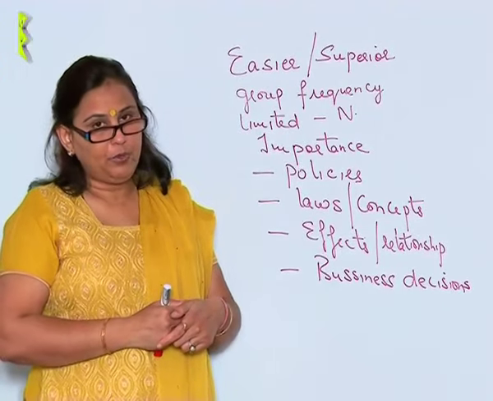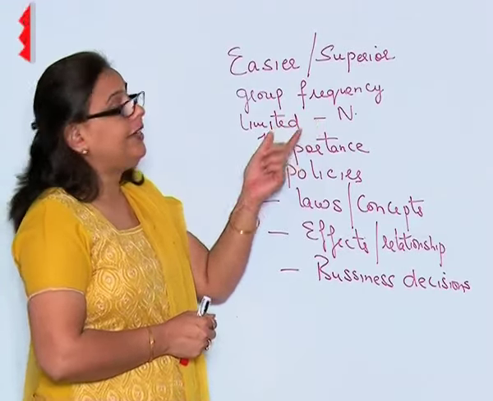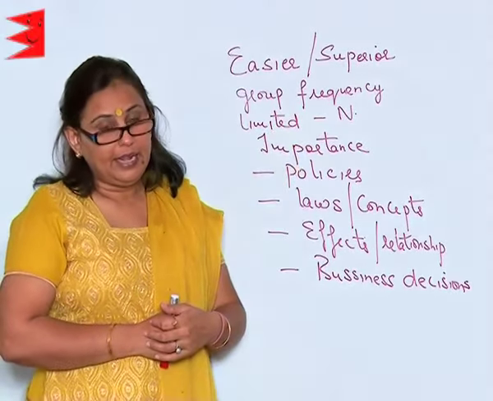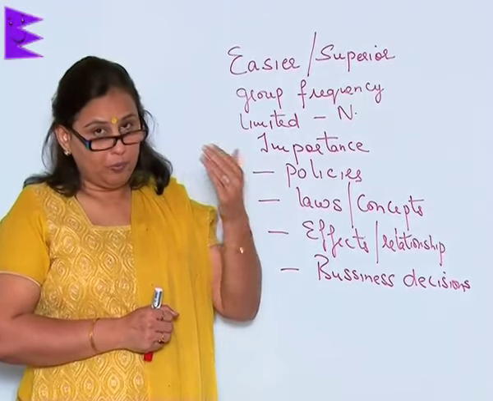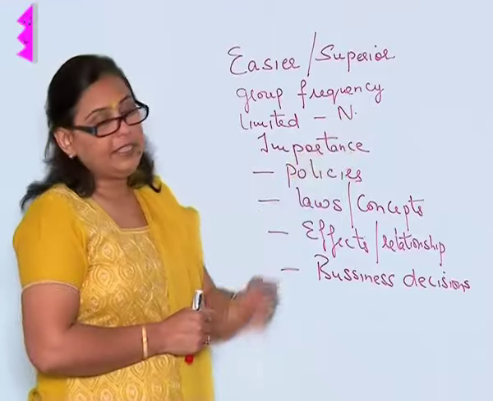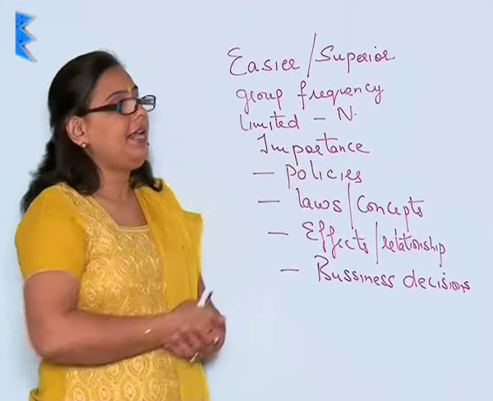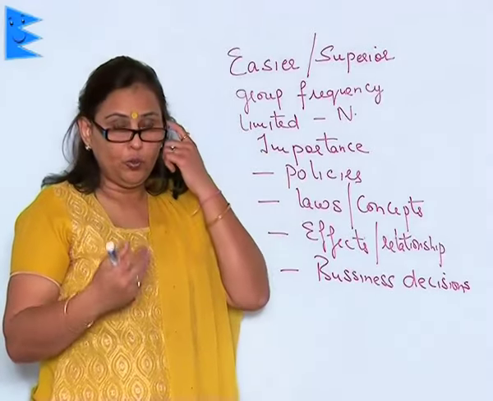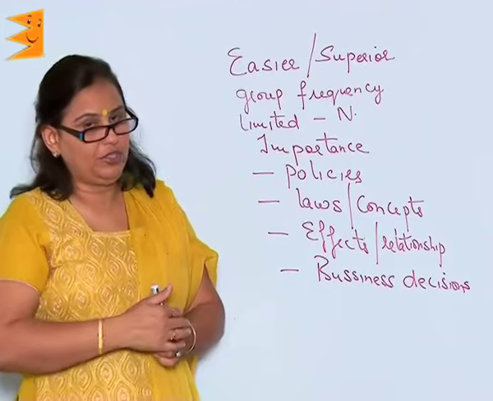Besides, it can be used only in a limited frequency, that is, the number of observations should not exceed more than 20. If it exceeds 20, then we cannot use the Spearman's rank correlation coefficient.